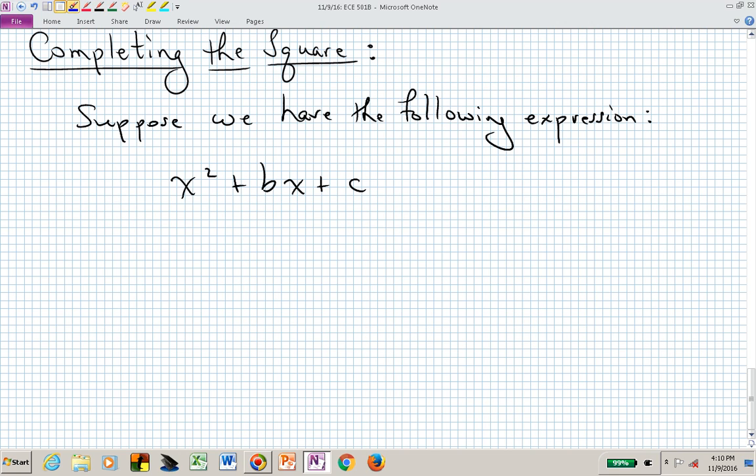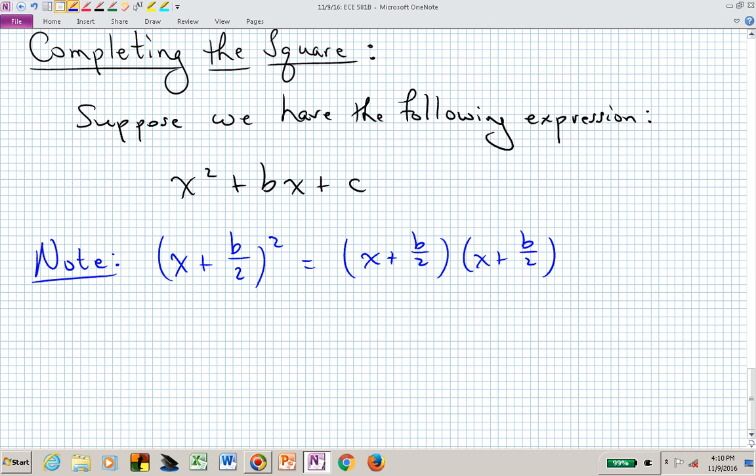And what I want you to recall is that if we simply look at (x plus b over 2) squared, then that will allow us to essentially complete the square relative to the original expression x squared plus bx plus c. Meaning, when we square something, we want to end up with the first two terms, x squared plus bx.